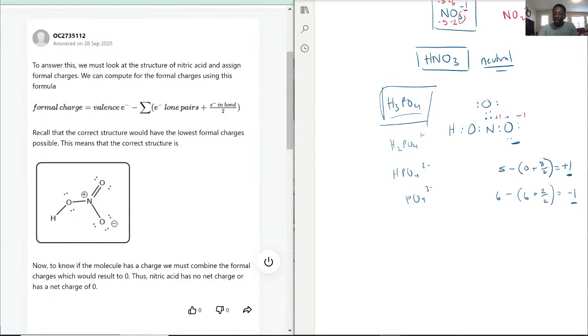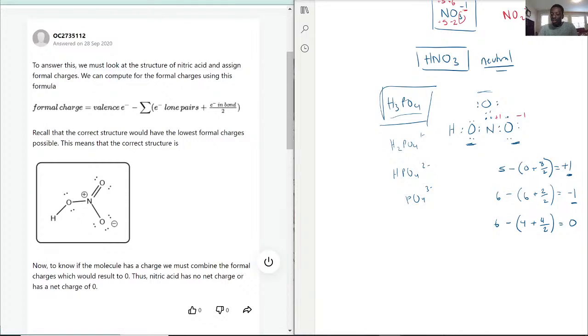Because if you did the math for the rest of the oxygens, I'm just going to add the other electrons. But if you did the rest of the math, you would see that the oxygen to the left, where the hydrogen is, is 6, minus, it has 4 by itself and is sharing 4. So that does equal 0. The oxygen up top, same thing: valence electrons is 6, it has 4 by itself and is sharing 4.